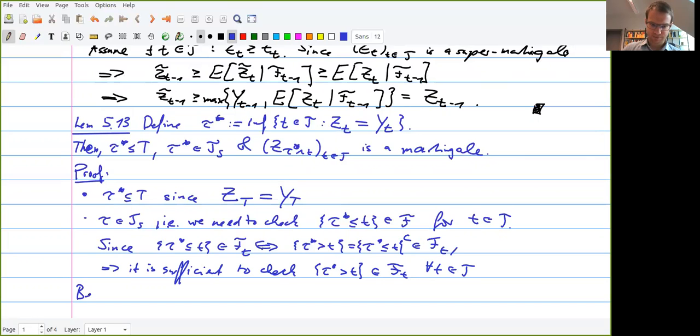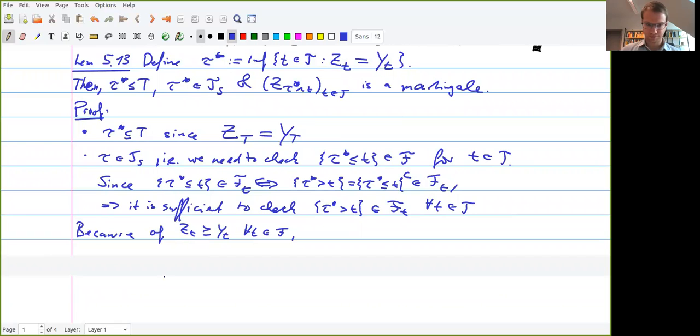We know, by the properties of the Snell envelope, that my Snell envelope dominates my given process Y. So how can we decompose the event that tau star is strictly bigger than t into events where we know that they are F_t measurable?